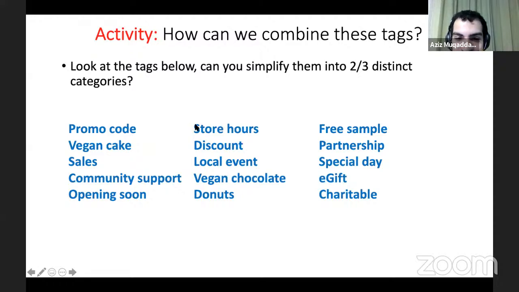Can you tell me what you mean by promotions? With promotions, I'm just thinking of things like the opening soon, the discounts, free samples, ways to get a product out to the greater public and to provoke interest. Yes, right. So if you see that on Twitter, that's the category you're going to think of. If a post is talking about promo codes, sales, and so on, you think, okay, this belongs to promotions.